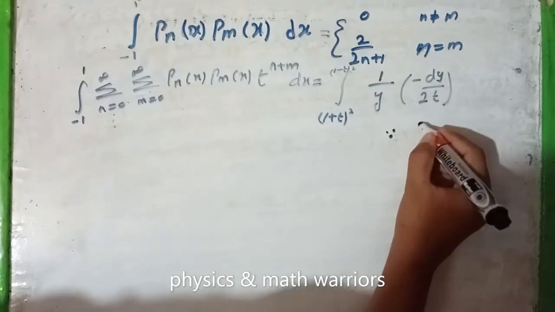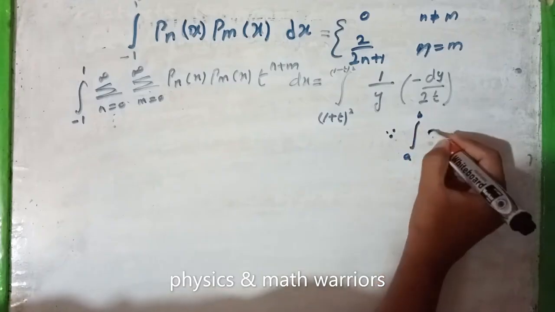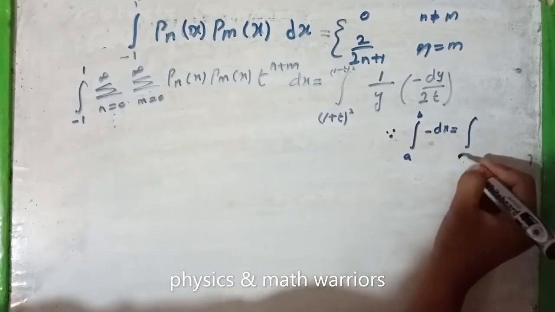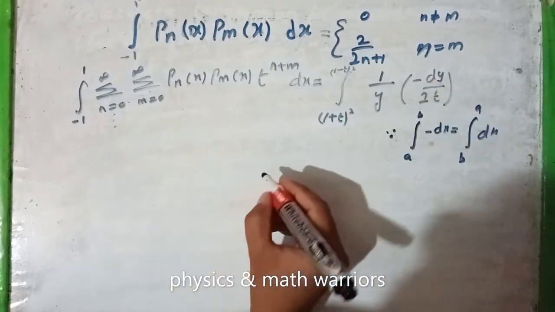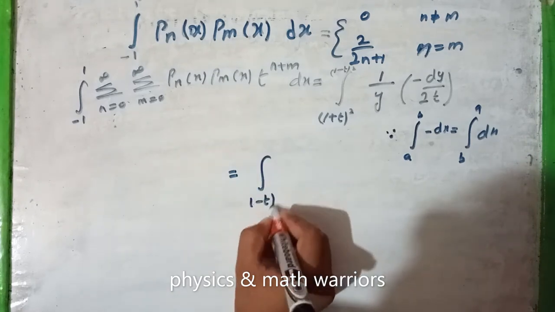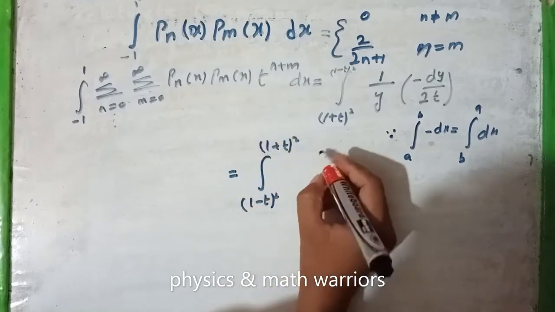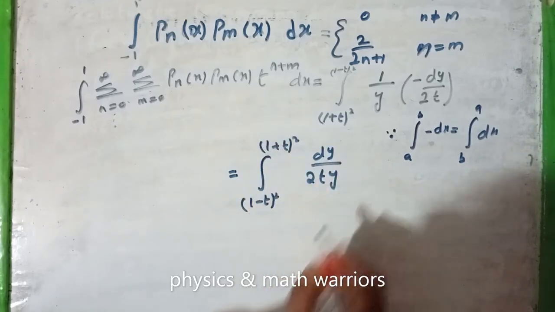Since integral from a to b of minus dx is equal to integral from b to a of dx, the above equation becomes integral from (1 minus t) whole square to (1 plus t) whole square dy over 2ty.